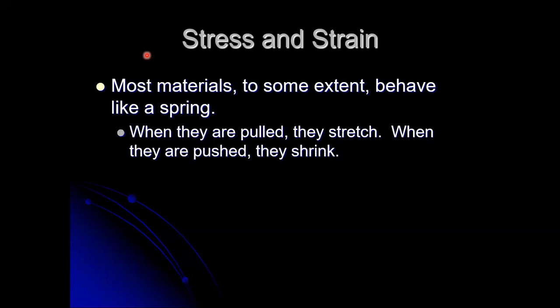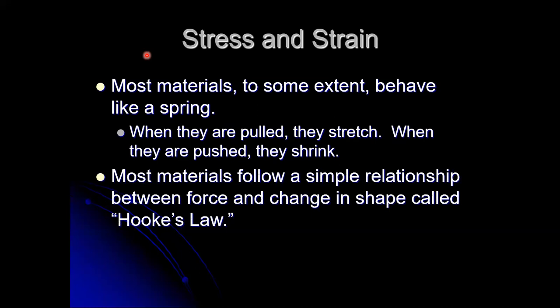So when we pull on a material, it stretches. That's elongation. When materials are pushed, they tend to shrink. There's a name for this in materials. We call it Hooke's law, because for most materials, at least as long as we don't push or pull them too hard or exceed certain limits, there's a nice proportional relationship between force and elongation.